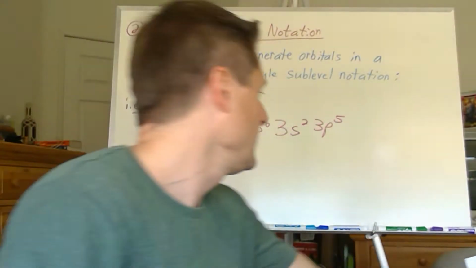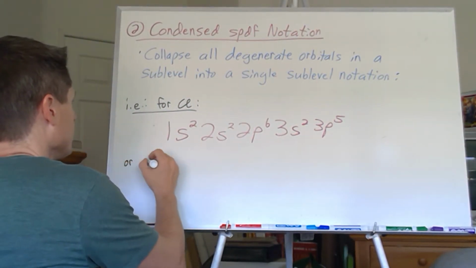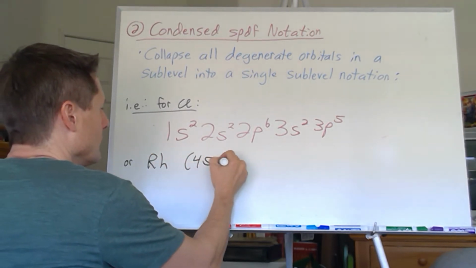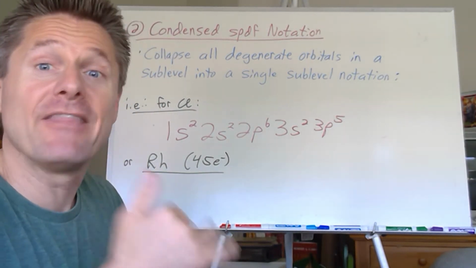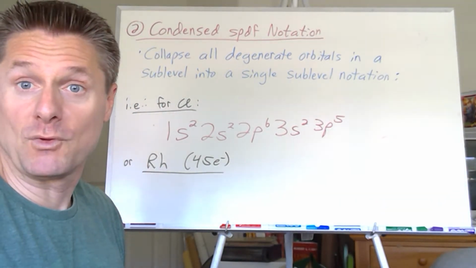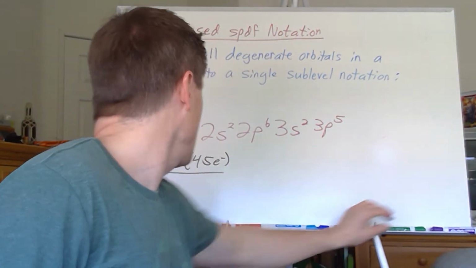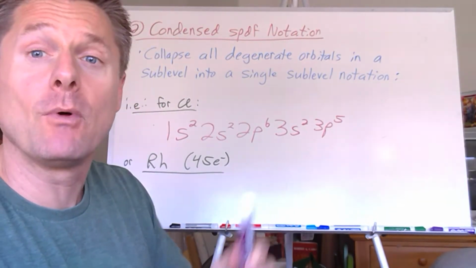Do rhodium, number 45. So I want you to pause this, take a second, and then do rhodium for me. All right? And I will go ahead and pop that up on the board here for you. Let me pause it. I'll write it up there nice and neat, and then we'll walk our way through it.